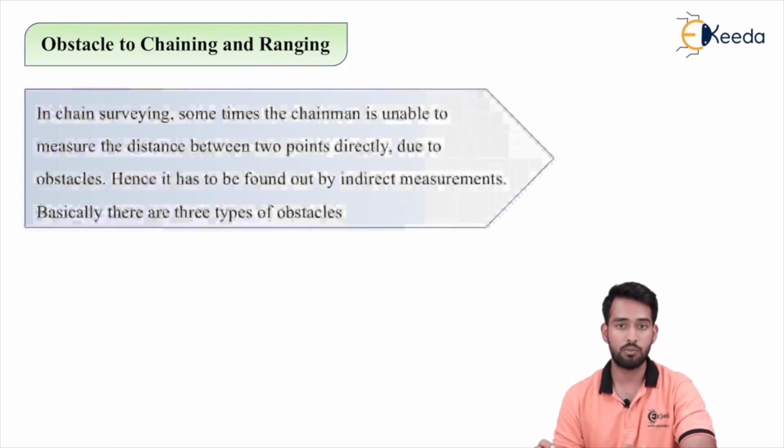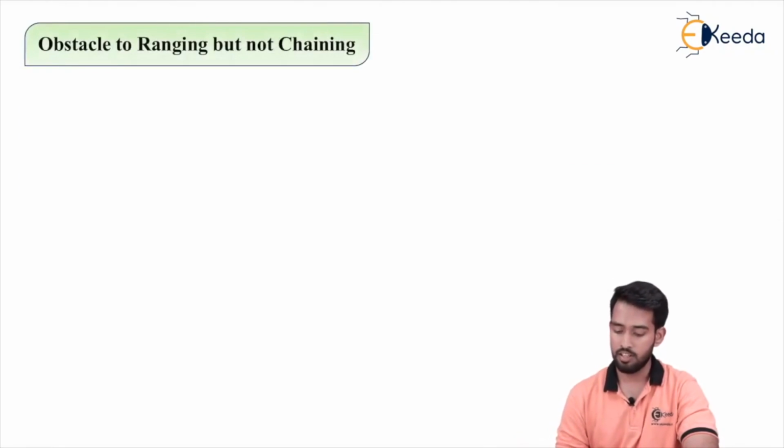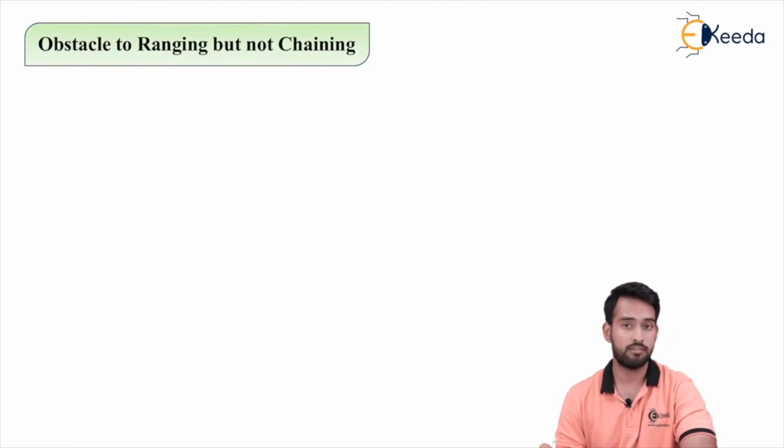So there are two types of obstacles: those to chaining, those to ranging, or those to both chaining and ranging. Now we can see the first part, which is obstacle to ranging but not chaining. Ranging means bisecting. So we can bisect the object, but we cannot chain it. The obstacle is for ranging but not chaining.